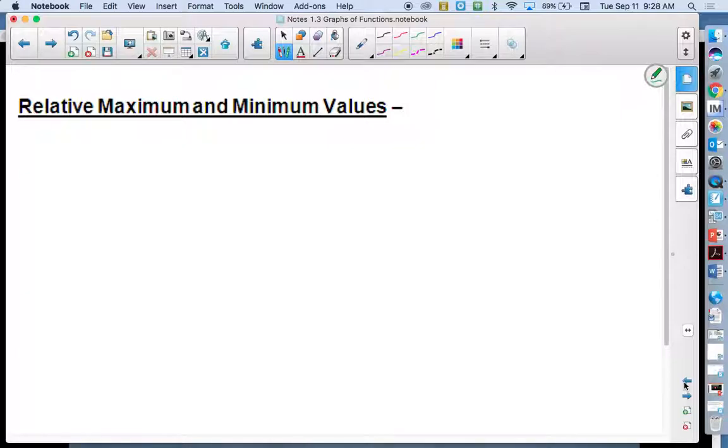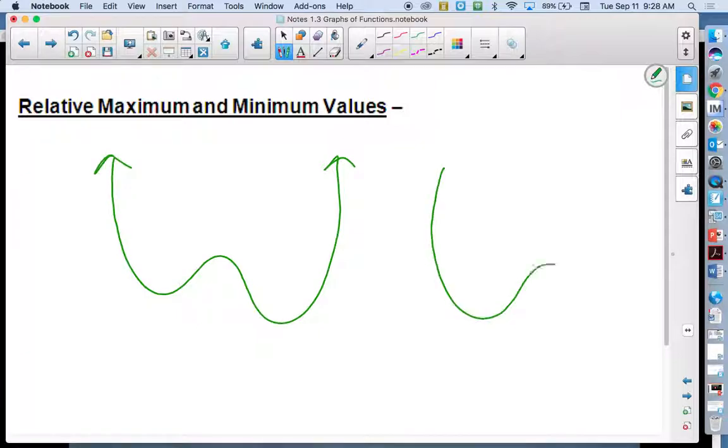If you have a graph that looks something like this, we graphed them a little bit last year, or something like this. There's an actual max value and a min value, and that would be infinity and negative infinity. Because every graph, as long as it's continuous, goes on forever. So these graphs have a max of infinity. The other graph has a max of infinity and a min of negative infinity. That's the true max and min.